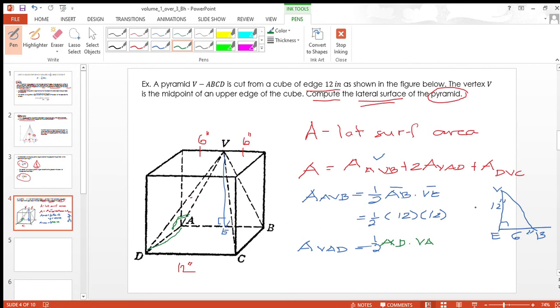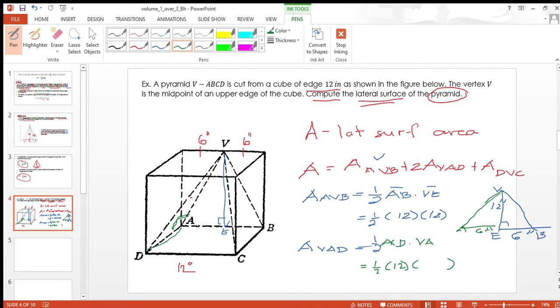But where do we get VA? Let's go back to triangle VAB. If I draw this again, this is your A. This is 6 inches. This is 12 inches. So we can compute for VA. AD, again, is 12 inches. So this is 1/2 multiplied by 12 inches multiplied by VA.